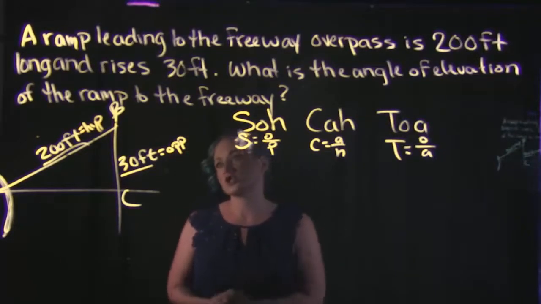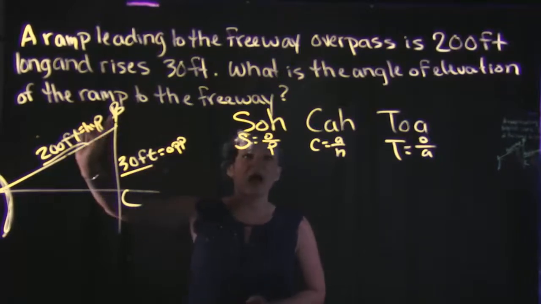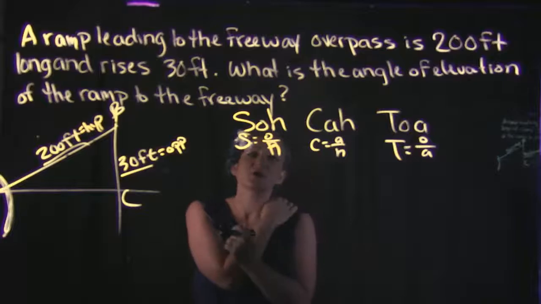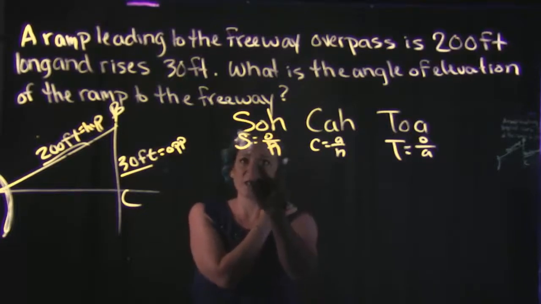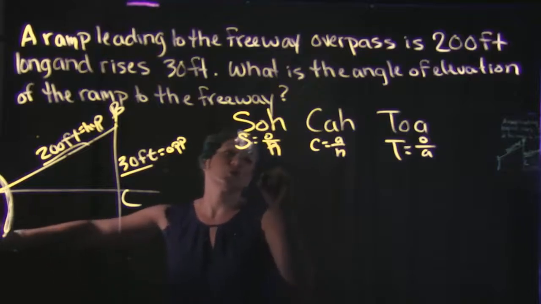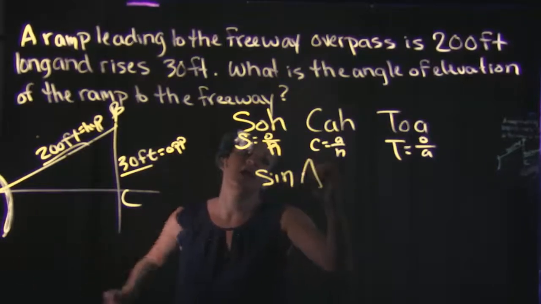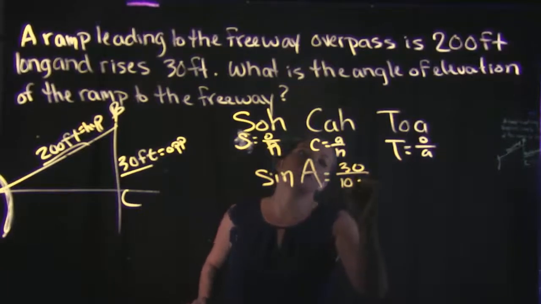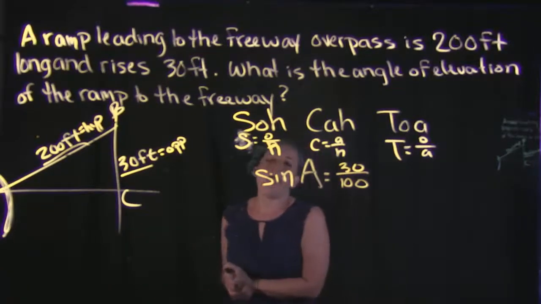So which function uses opposite and hypotenuse? Out of these, opposite and hypotenuse, that's going to be our sine. Sine is equal to opposite over hypotenuse. So we're going to find sine of angle A, and that's going to equal 30 over 200.